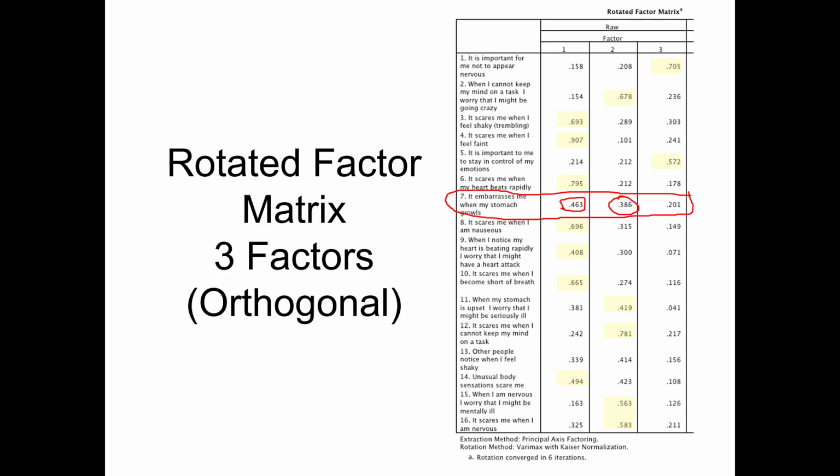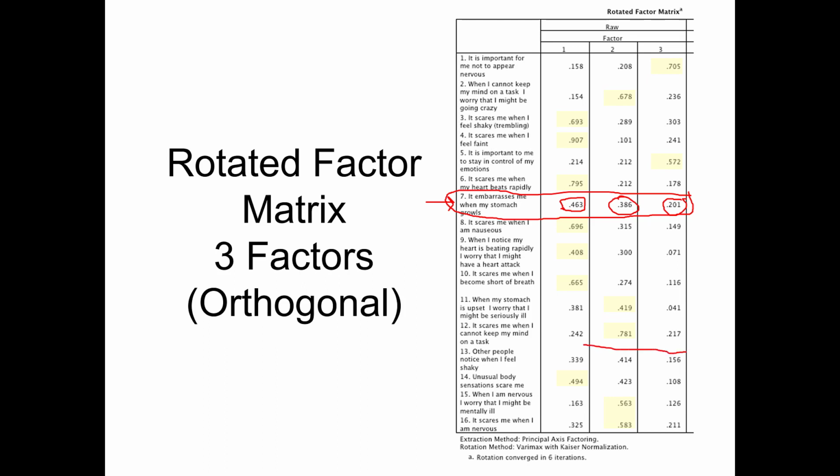So this item is not that great, and it even loads on that social one. You can imagine if somebody has a lot of anxiety about showing bodily sensations, when their stomach growls loudly, that could be embarrassing to them. So this item is not the greatest in regards to factor analysis. Maybe it's a great item that we want to get at, but with factor analysis, it doesn't load very clearly on any of those factors.